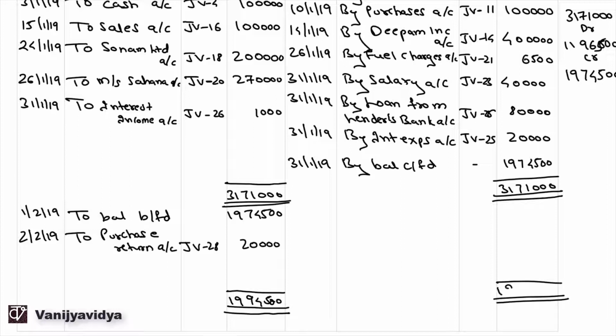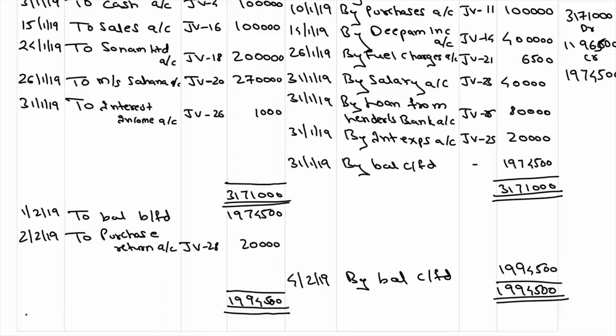So 19,94,500 on 4th Feb 2019 by balance carry forward 19,94,500. Here 4th Feb 2019 to balance brought forward 19,94,500. Now similarly we will close all the ledger accounts.